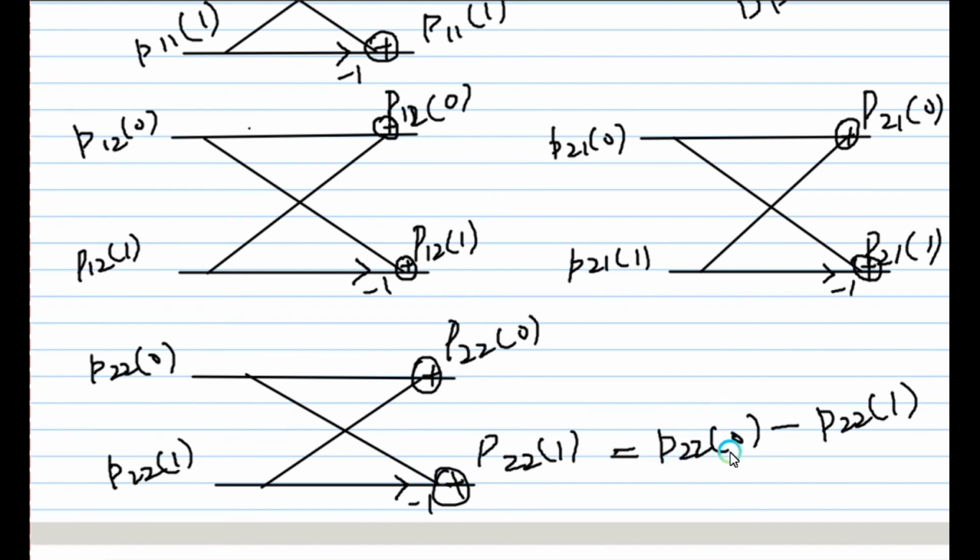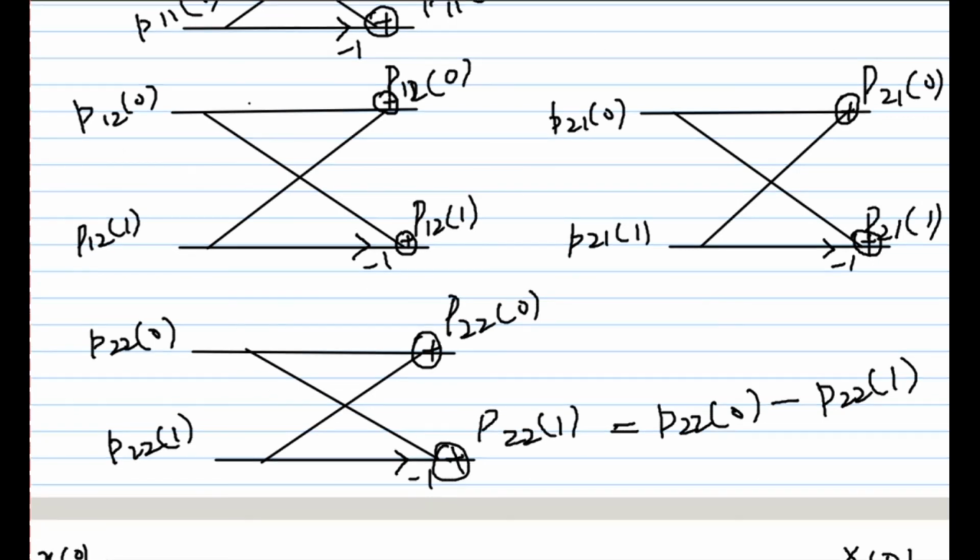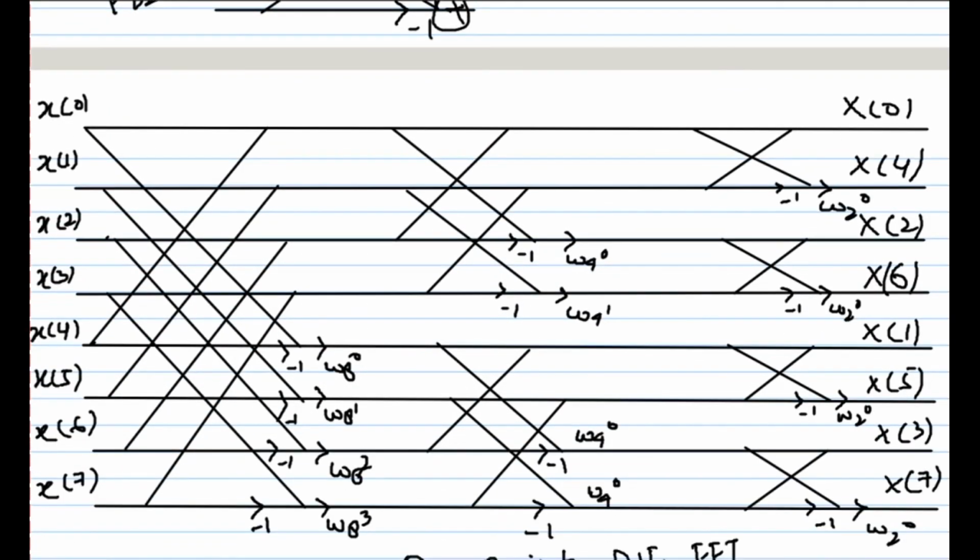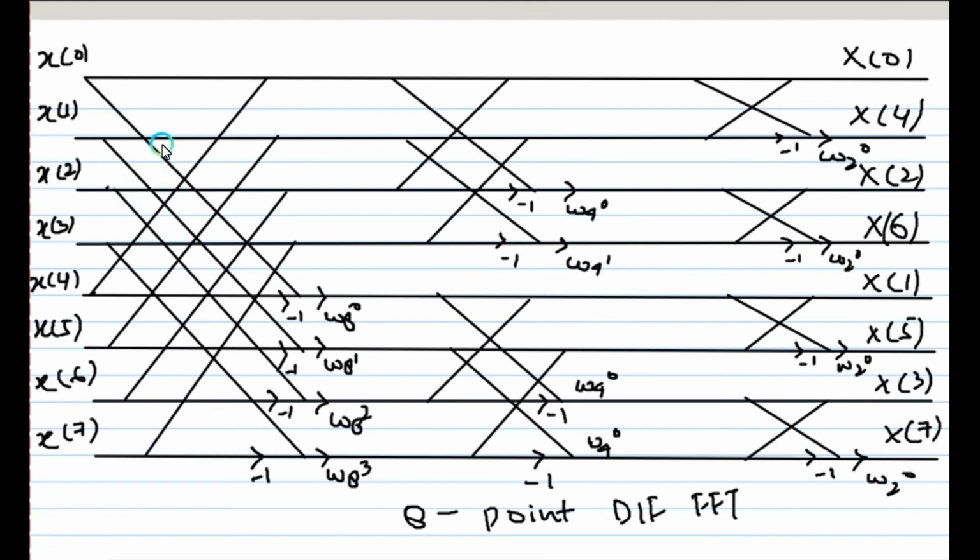So now we have four 2-point DFTs here. Before this we had 4-point DFTs, and before that we had the 8-point DFT. So we need to combine all the butterflies into one. The final butterfly for the 8-point DFT will be something like this, which I have drawn here.